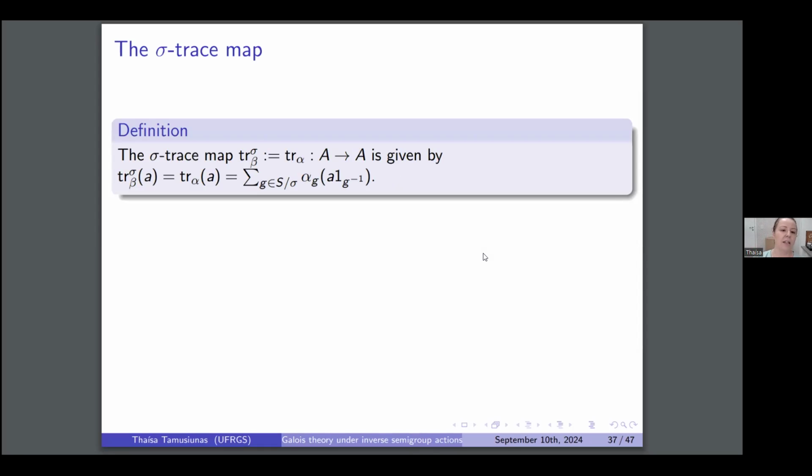And here we have the new trace map, which we call the sigma trace map.